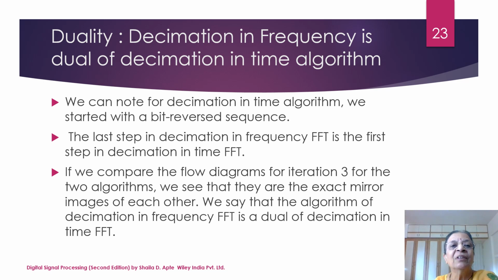So the decimation in frequency flow graph is exactly opposite to that of decimation in time. We can note that for decimation in time algorithm, we start with the bit reverse sequence, and the last step in the decimation in frequency FFT is the first step in the decimation in time FFT.